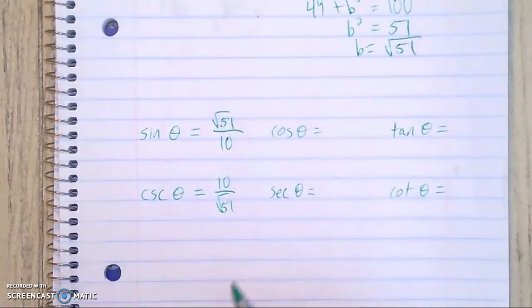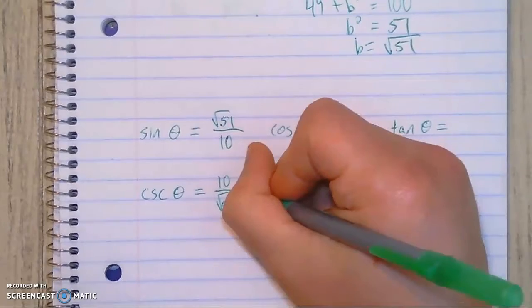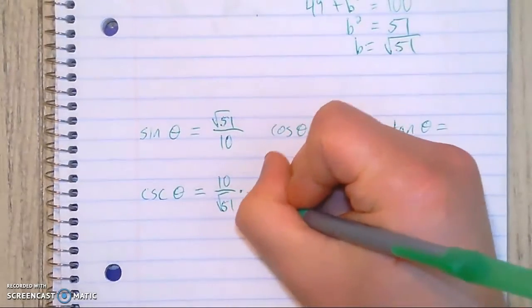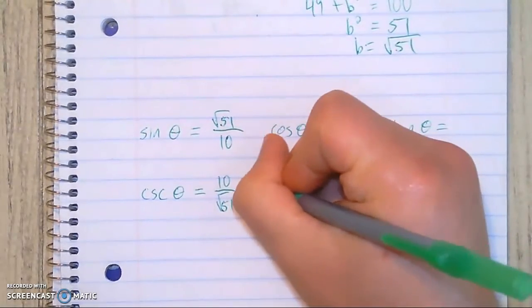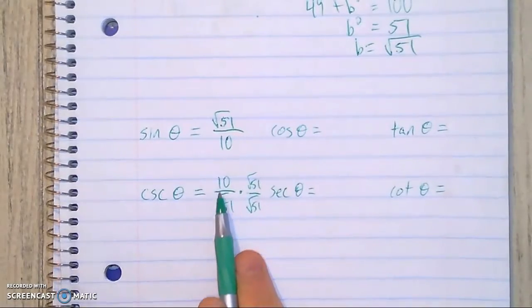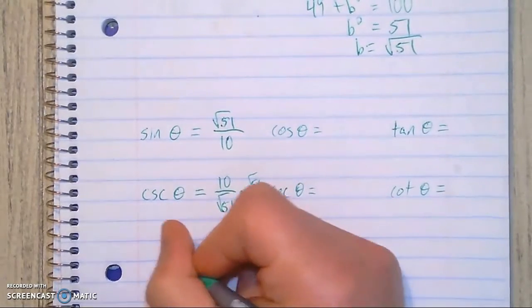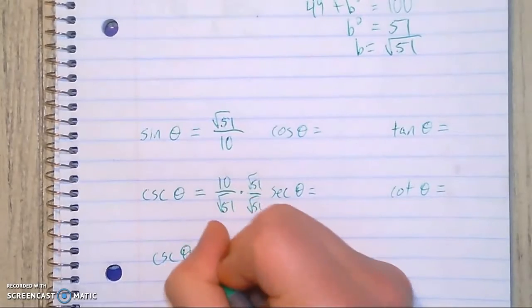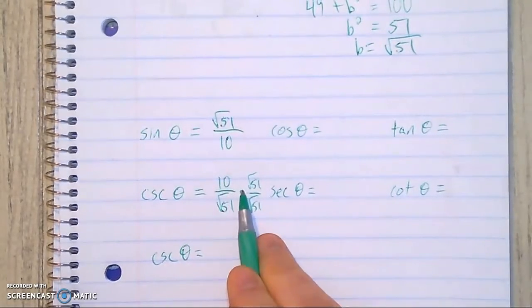Now the problem there is there's a radical in the denominator. So I mentioned this yesterday in the day 2 notes, that if a radical shows up in the denominator, you need to rationalize the denominator. You can do that by multiplying top and bottom by whatever the radical is that you want to get rid of. So on top, 10 times radical 51, this is the cosecant of theta, is 10 radical 51.